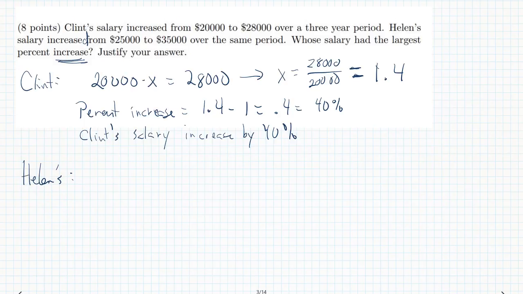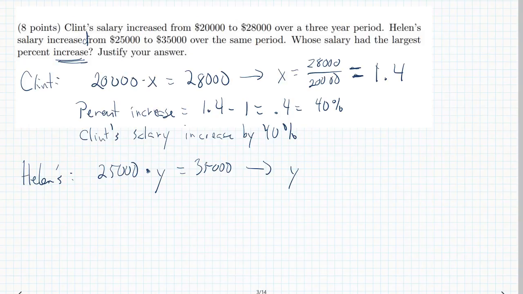So for Helen's case, notice Helen started at 25,000, and instead of X, we'll use Y as a variable this time. It doesn't matter which variable you use. And then Helen finished with $35,000. So we have to figure out Helen's percent increase. So Y for Helen equals 35,000 divided by 25,000. And what do we get here?